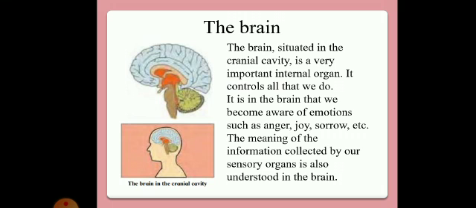Children, injury to the brain can make one disabled for life. Disabled means one of the parts of the body cannot function properly. It can even cause death. Hence, the brain needs to be totally protected. That is the function of the shell or casing formed by the skull around it.